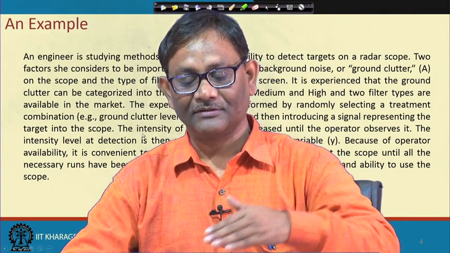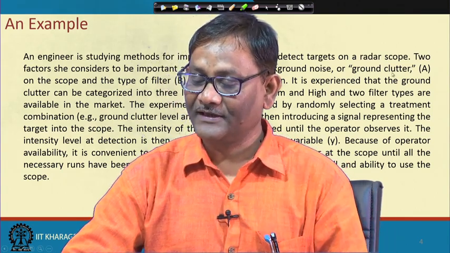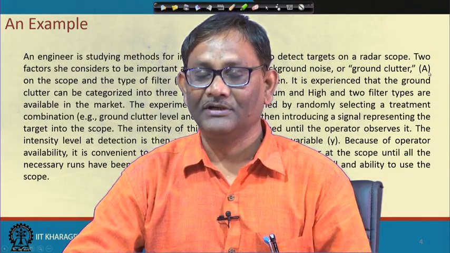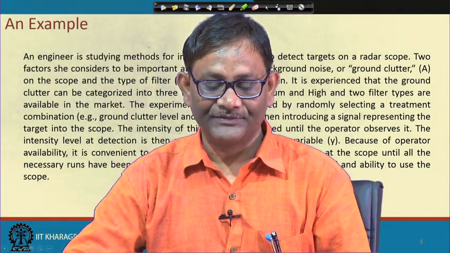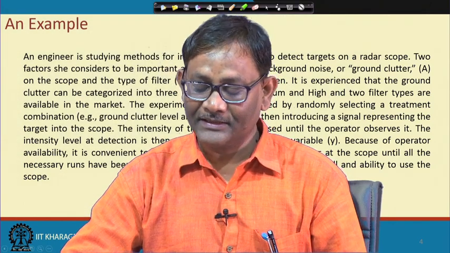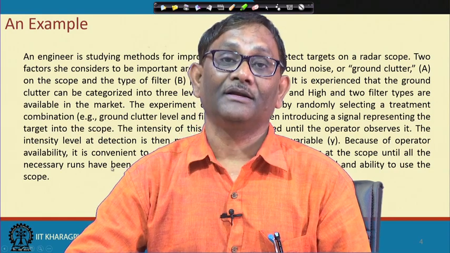We are saying, what are the controllable factors? Controllable factors are ground clutter and type of filter. Ground clutter we are denoting by factor A, type of filter by factor B, and there is another factor which is operator.